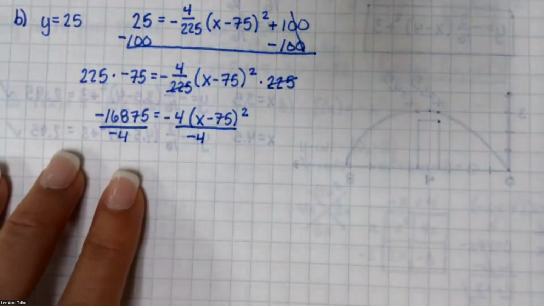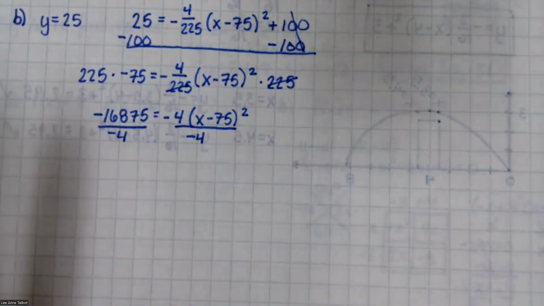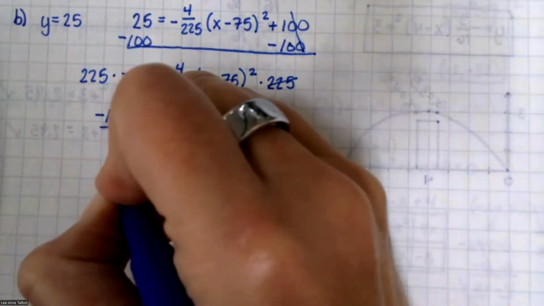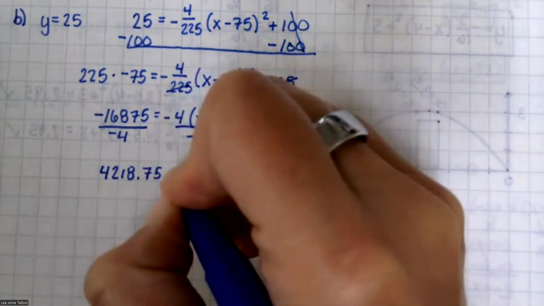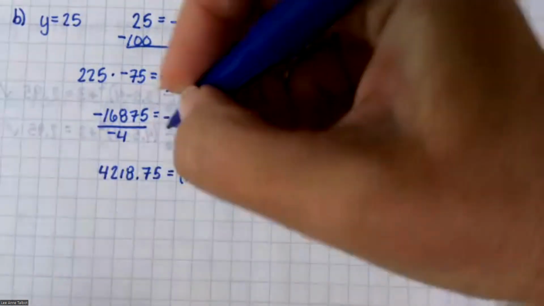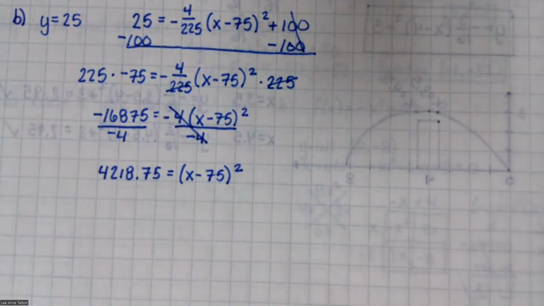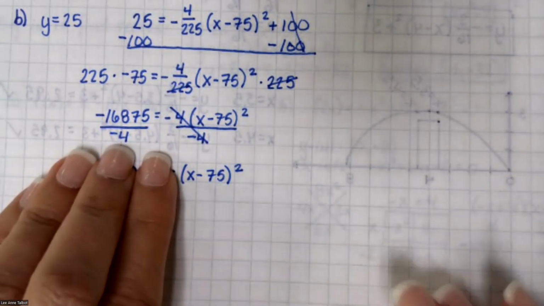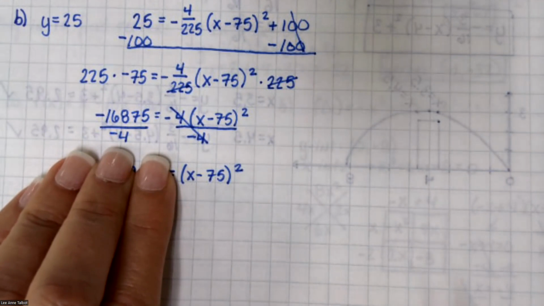This moment is where I'm going to abandon ship of exact form and go to a decimal because it's just too gross. Okay, now just looking at the right side, what's the last thing that happened here?